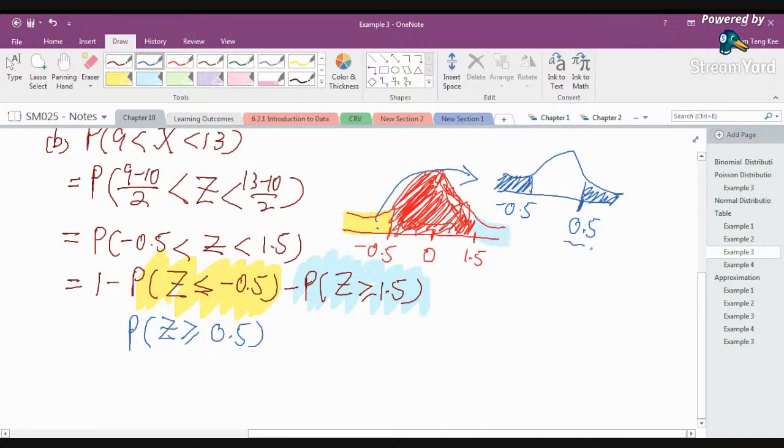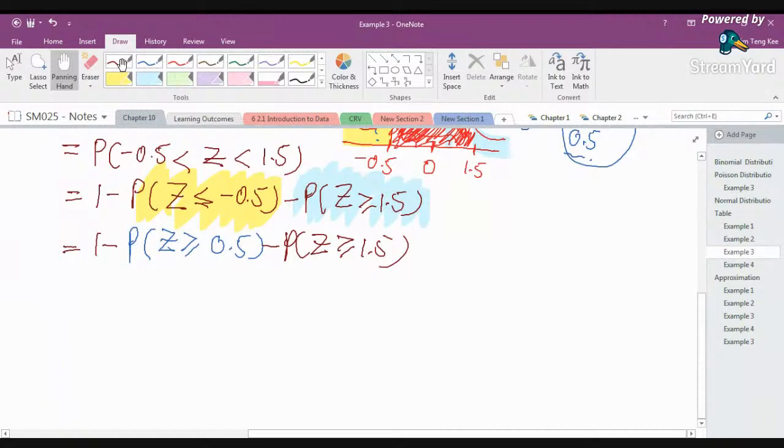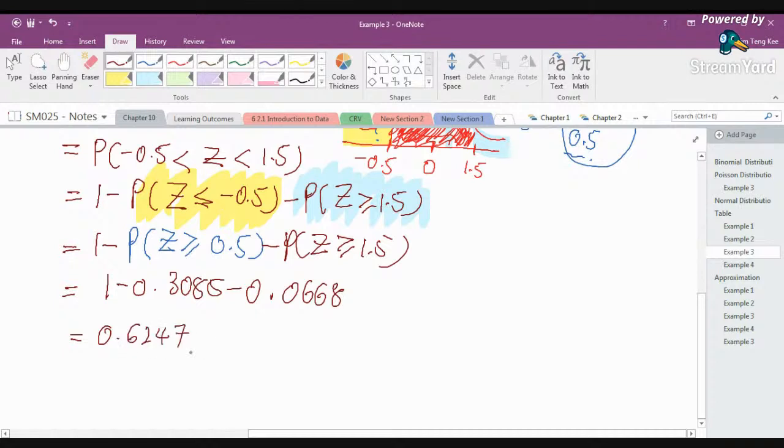So the negative becomes positive on the other side, and the region now will be Z greater than or equal to 0.5. We proceed by searching the answers for Z greater than or equal to 0.5 and Z greater than or equal to 1.5 from the table, and you find that you have 1 minus 0.3085 minus 0.0668, which gives the result 0.6247.